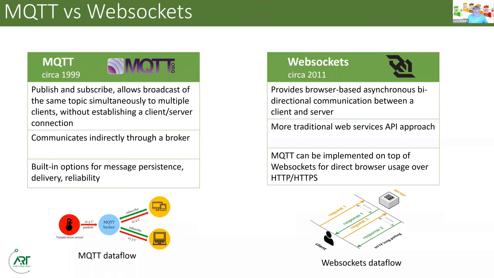So in contrast, MQTT, again, is a publish and subscribe architecture. We do not have a direct communication from client to server. All communication takes place indirectly through a broker. And the great thing about that sort of architecture is I don't have a point-to-point tunnel or communication pipe that I have to establish.